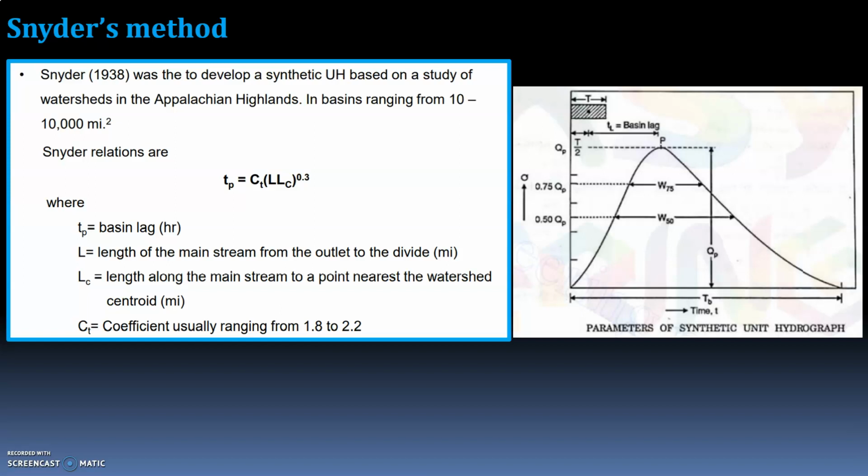He dealt with the size and shape of the catchment by measuring the length of the mainstream channel, proposing the following equation for basin lag.